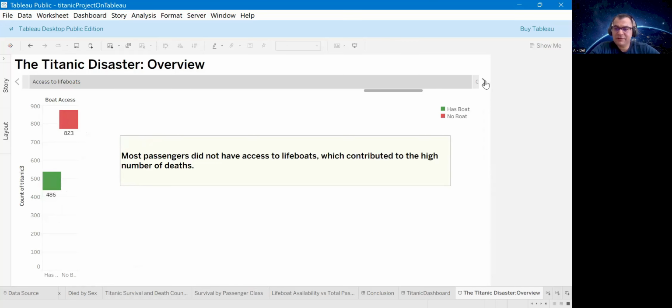From the analysis, several important findings can be identified. First, gender strongly influenced survival, with women surviving at a much higher rate than men. Second, passenger class affected survival chances, with first class passengers having better outcomes than third class.